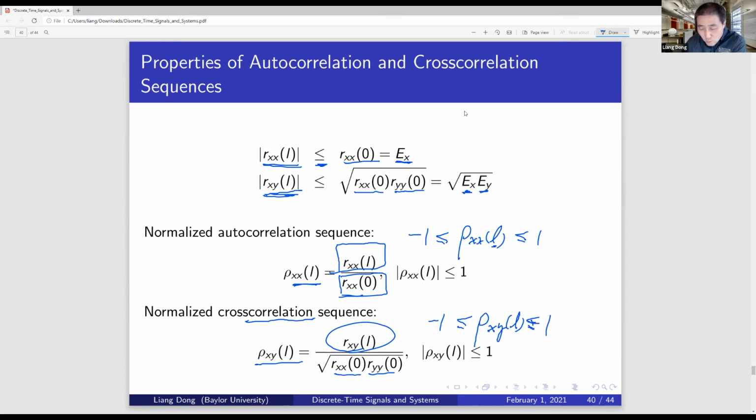If x and y are exactly the same with a lag of L, then it's equal to 1. When x and y with a lag of L are completely different, completely random, then we get a very small number, close to 0. That's when the two signals don't have any similar pattern.